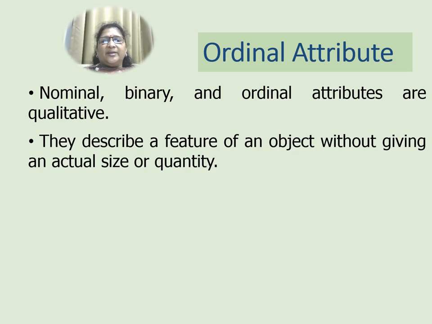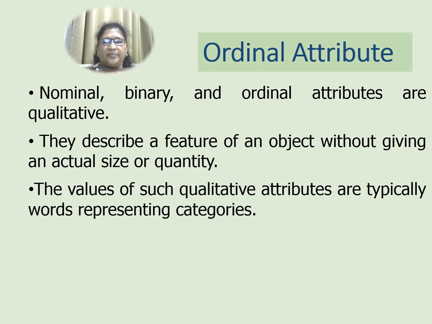Nominal, binary, and ordinal attributes are qualitative. They describe a feature of an object without giving an actual size or quantity. When a customer rates satisfaction as excellent, we are not assigning any size or any quantity to it.